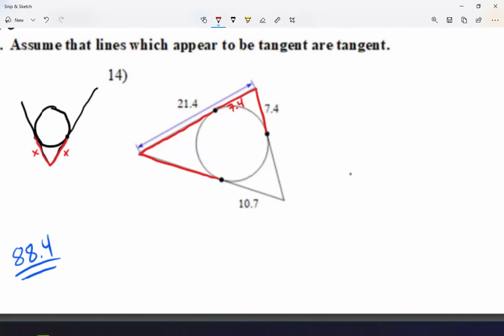So let me subtract those. 21.4 minus 7.4, I'm going to find out that this one is 14. And this other one right here is also 14, right? They have the same length. Now this last one right here is 10.7. So I'm going to call this one 10.7. Good, I found all my tangent segments.